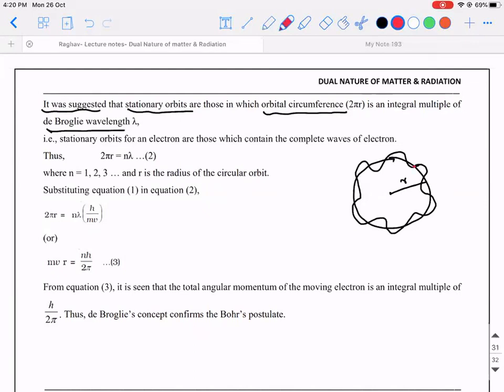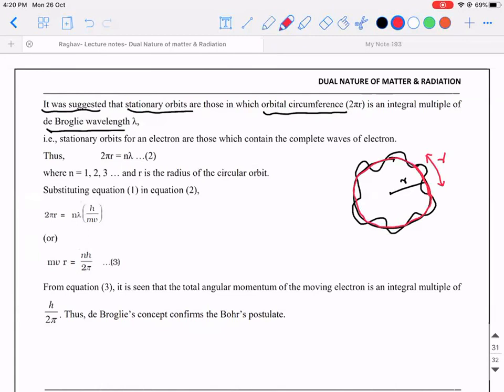Now, I'll mark certain red dots. Tell me, what is the distance between these two red dots? Think in terms of wave. Wavelength. This is one wavelength. Like this, how many such wavelengths do you have? 2, 3, 4, 5. In the diagram that I drew, there are 6.